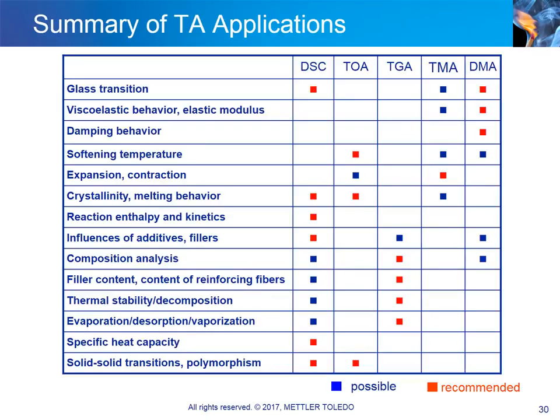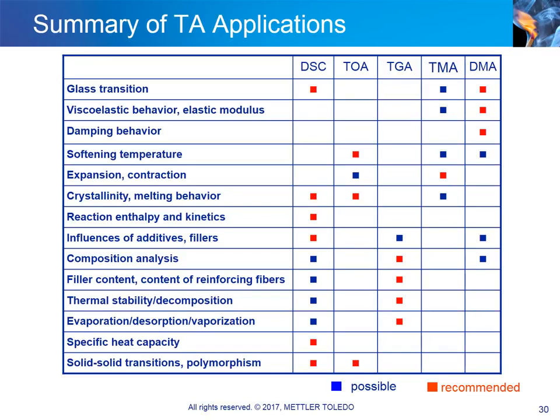Thermal analysis comprises a number of easy-to-use and powerful techniques for characterizing thermal properties of materials, such as those for thermoplastics, thermosets, elastomers, adhesives, chemicals, paints and lacquers, foodstuffs, pharmaceuticals, fats and oils, metals and ceramics.